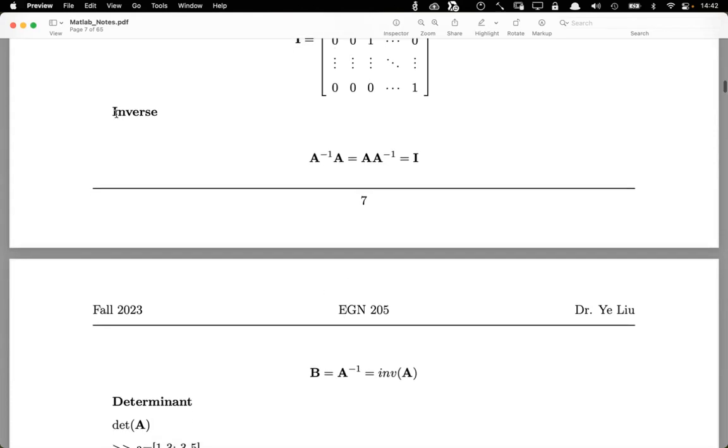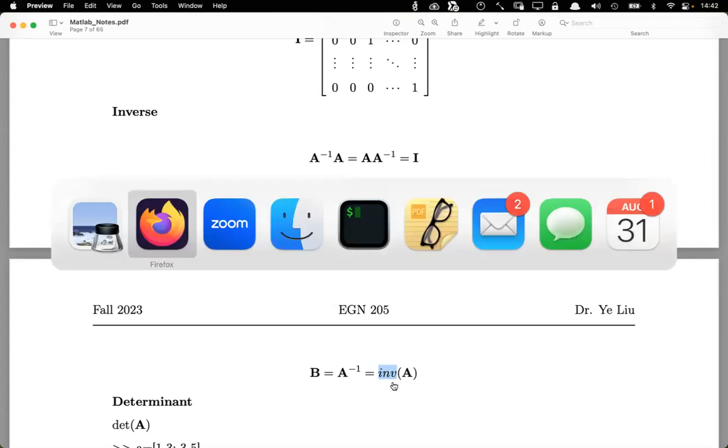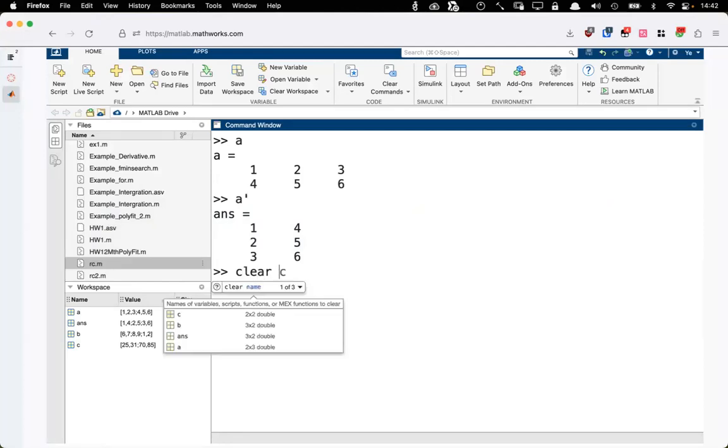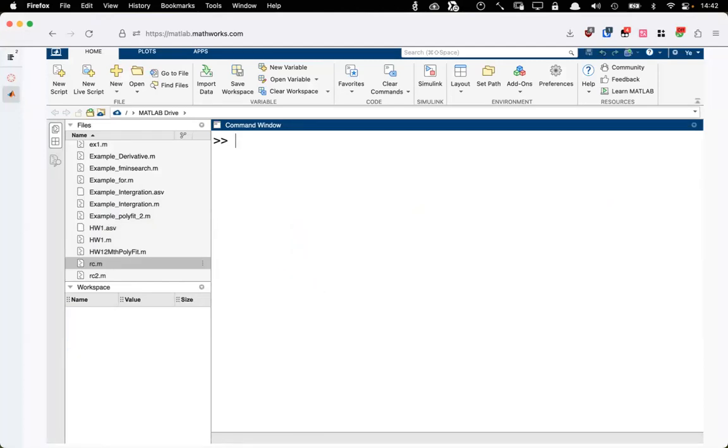For getting an inverse matrix, we can just use this function inv. So now we need a square matrix. So clear all, clean.